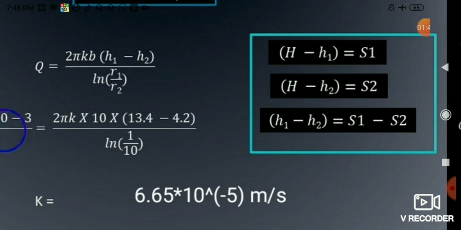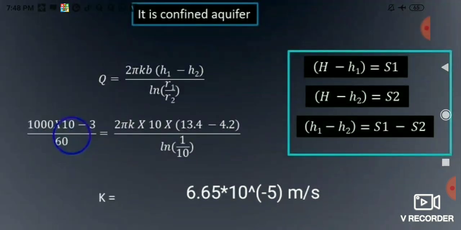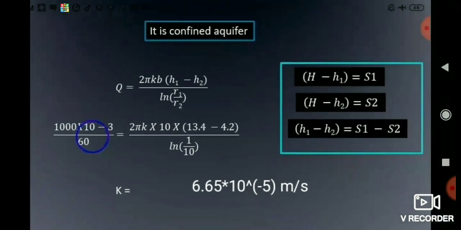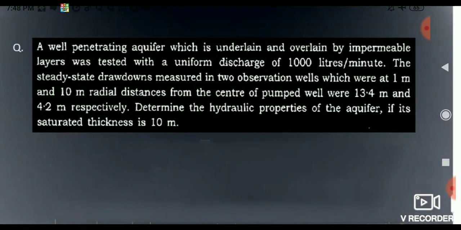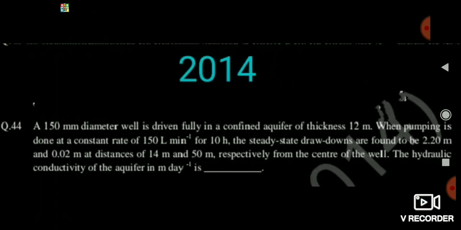And remember that capital H is the total height of the well. The remaining things are very easy; you can simply put in all the values, and you should take care of units. It is given in liters per minute, so you should convert it to meter cube per second, and you can easily get the K value, that is 6.65 into 10 to the power minus 5 meter per second.